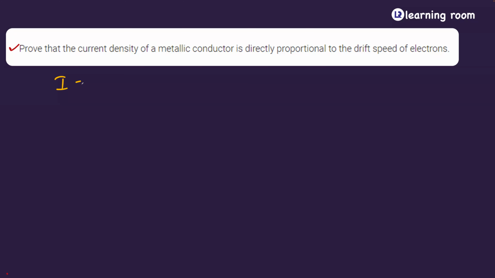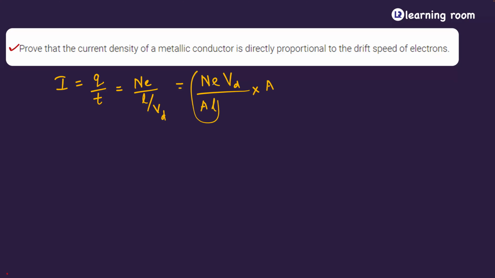So I is equal to Q by t. So Q is equal to N into e, divided by t, which is L divided by v_d. This is the second derivation that we saw after drift velocity. So this will be equal to N e into v_d, the whole divided by L. Multiply with A, divide with A, N divided by A into L is going to be small n.